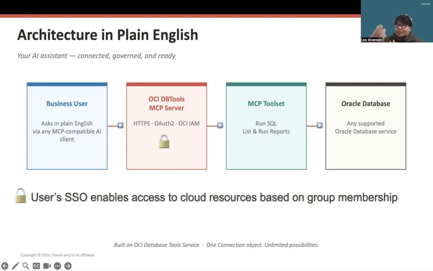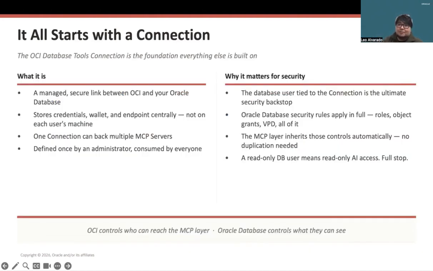used across the organization. And before creating an MCP server, everything starts with the database tools connection. That's the prerequisite. Before you create an MCP server, you need to have a database connection set up. Think of it as a secure bridge between OCI and your Oracle AI database.